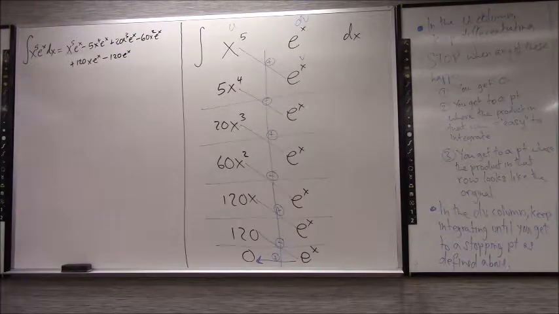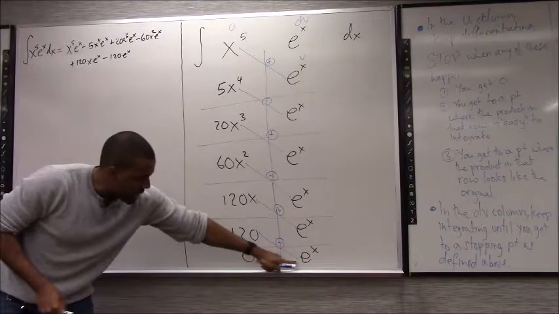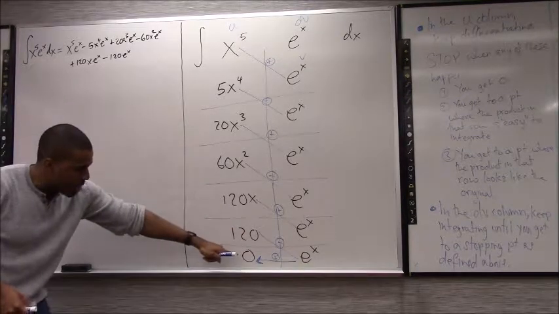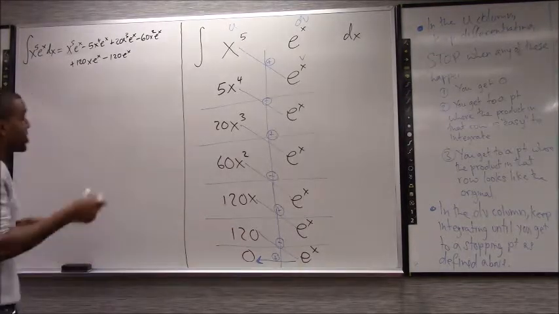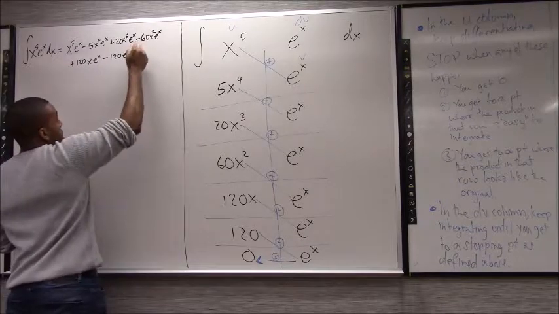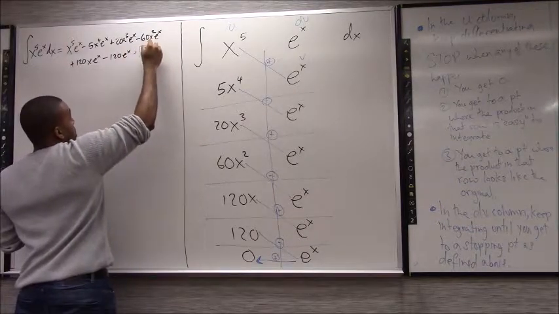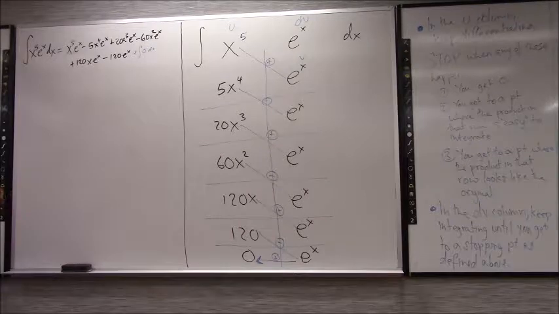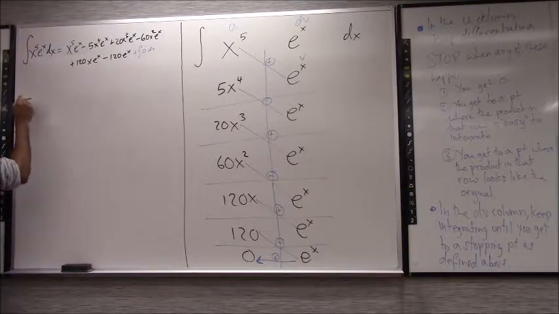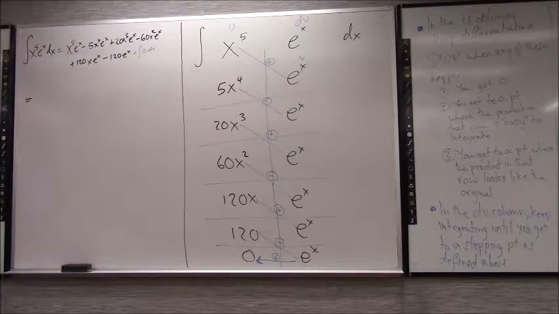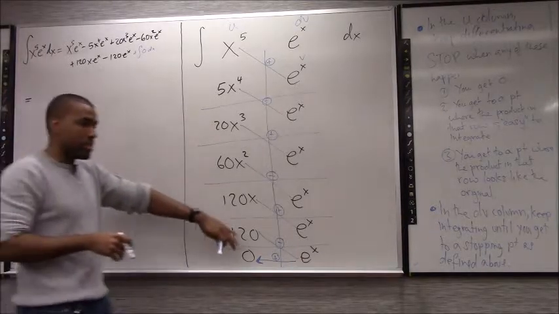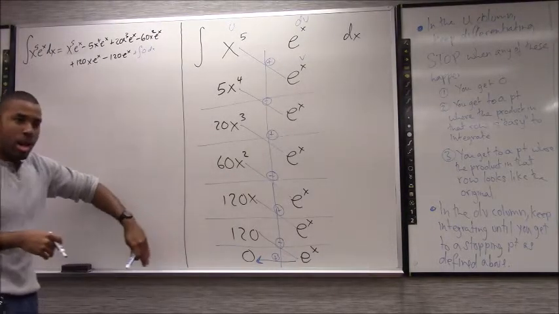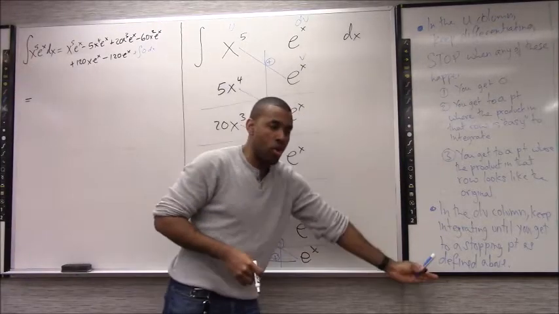Now technically, this last guy in this last row, when you multiply back that way, you're actually taking an integral. So technically here we're going to put a plus the integral of 0, but that's kind of just a constant. So that's where our plus c comes in. Ultimately, if you were to do integration by parts 5 times, it would be a lot more annoying than this. I know it seems like this took a while, but that's because I was explaining what we're doing.